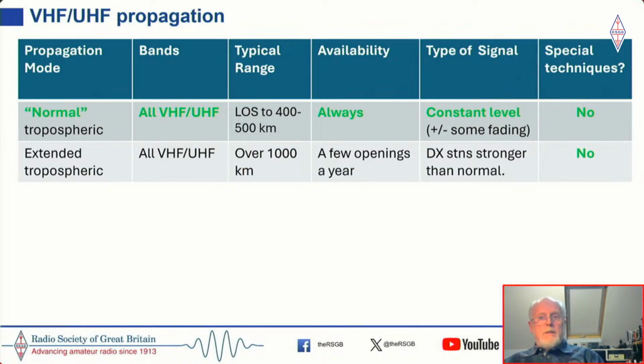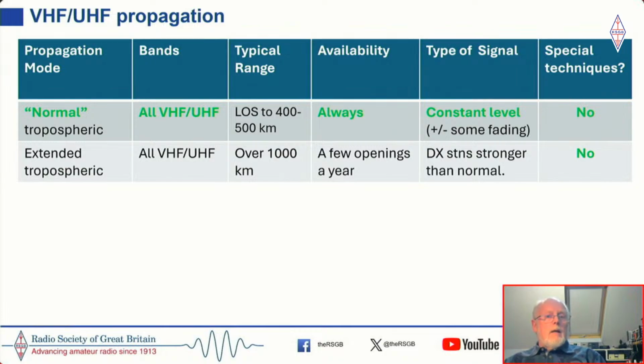And apart from dealing with the adrenaline and the excitement, no special techniques are needed. It happens a few times a year, as we know. So tropospheric propagation gives you line of sight to a few hundred or several hundred kilometers.